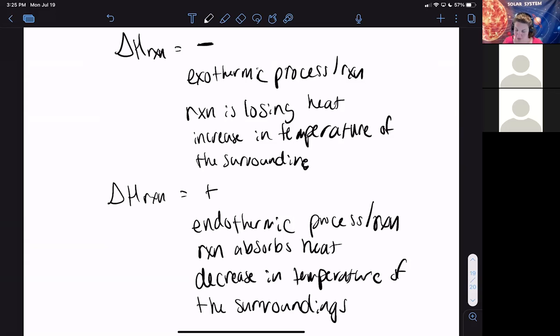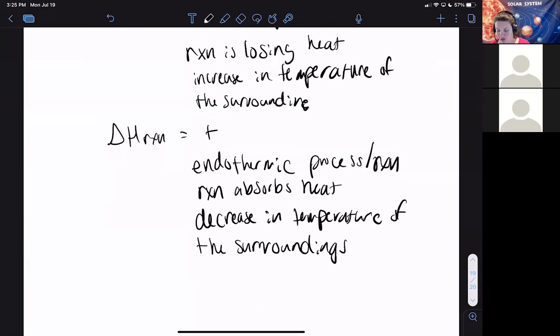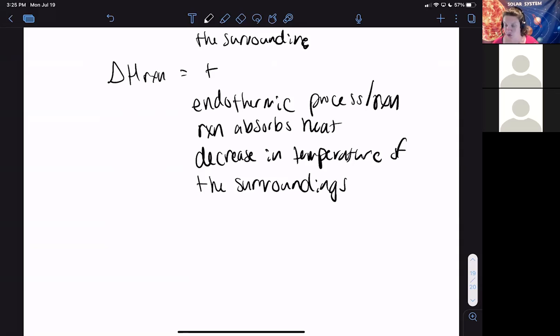Okay, so delta H of reaction. One way that we can find the delta H of a reaction is looking at calorimetry. So calorimetry is measuring heat flow.